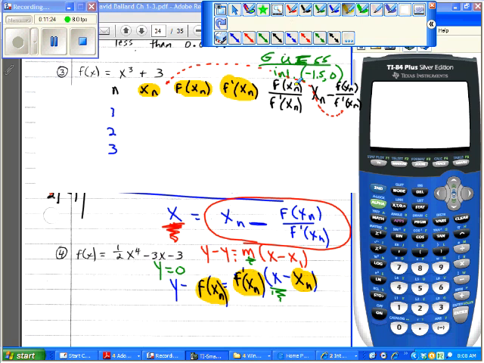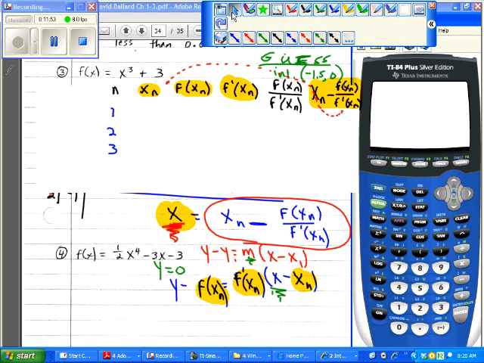So when I go to solving this, then this final thing, x sub n minus f of x sub n over f prime of x sub n ends up being my new x, right? Okay, and that's why I can take that and bring it back over here and start my round again. Okay, everybody understand what's going on here?